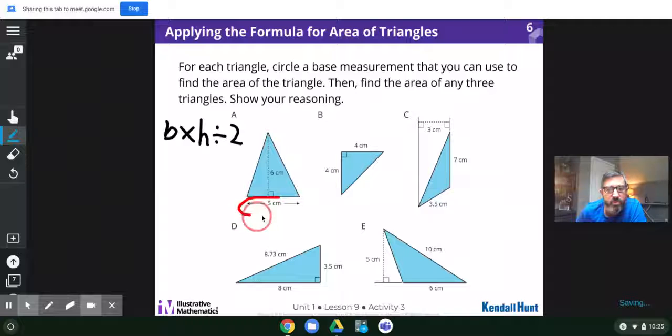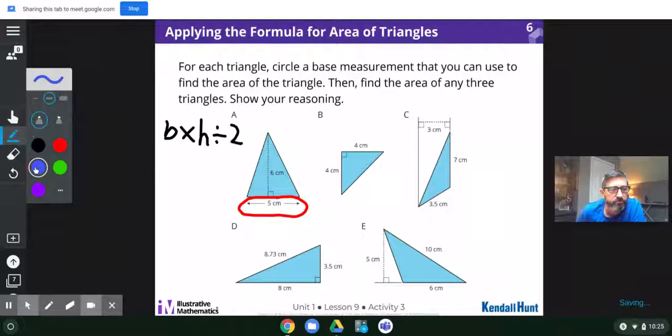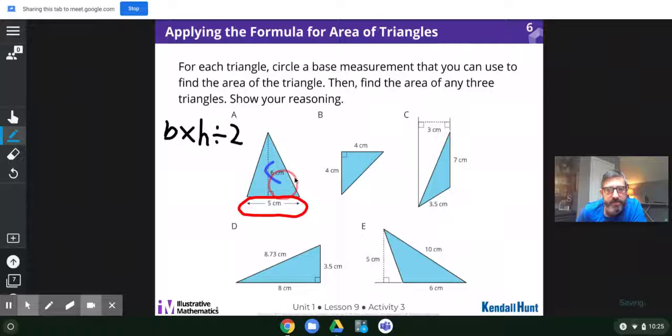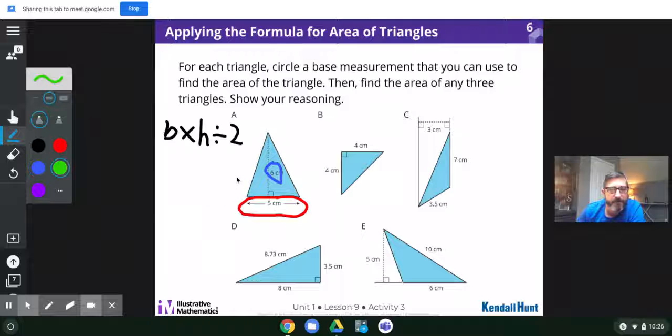You said it's 5. So what is our height? 6. 6. So we know our base and our height. Can you tell me what the area would be using our formula? 15. 15, correct. Nice job.